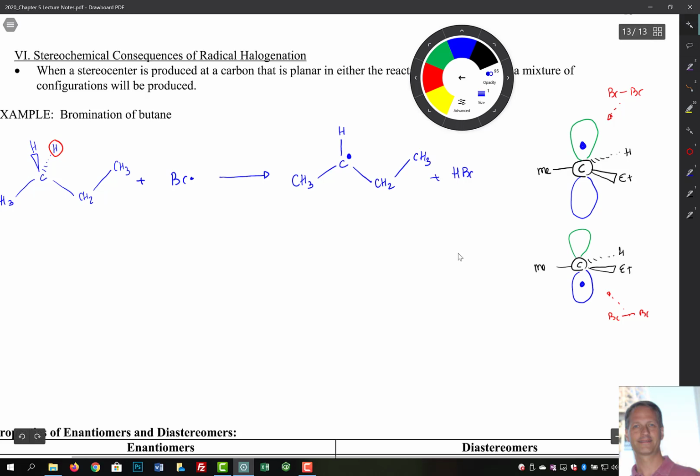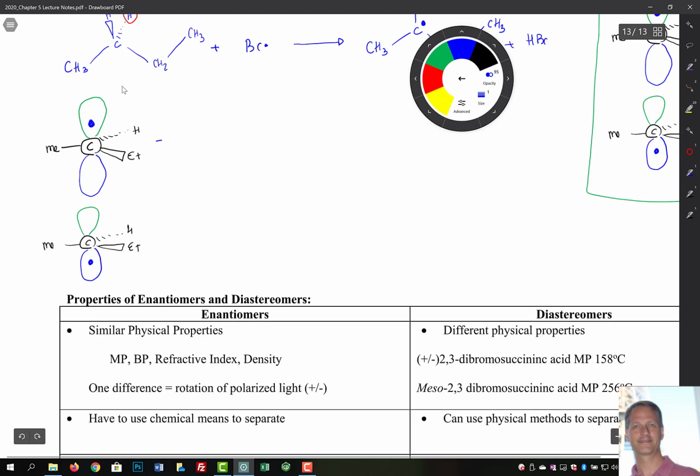So let's take a look and see what we would get here. So let's take these two structures right here. And let's see what happens when they react in this next little step. So now as we react here with bromine, if we react on that top lobe, then bromine comes up here. We have our carbon, and then our methyl is going to get pushed down.